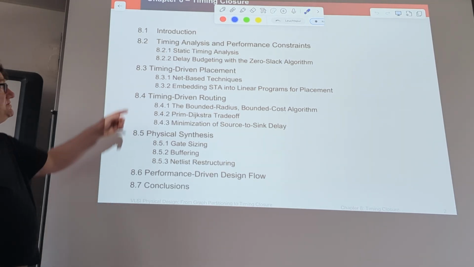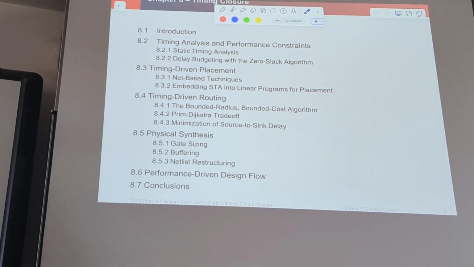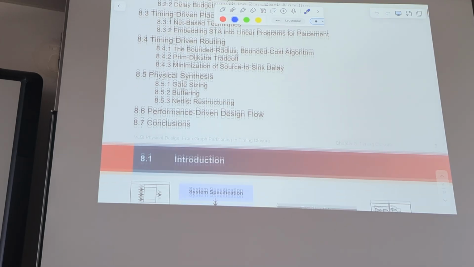What I want to look at is static timing analysis and maybe delay budgeting. But first thing is static timing analysis. How can that be done? And how can you figure out what your critical paths are? How is that done in software?